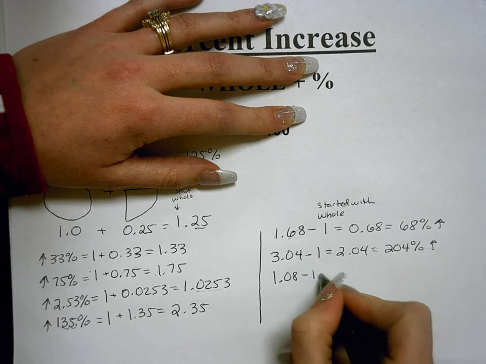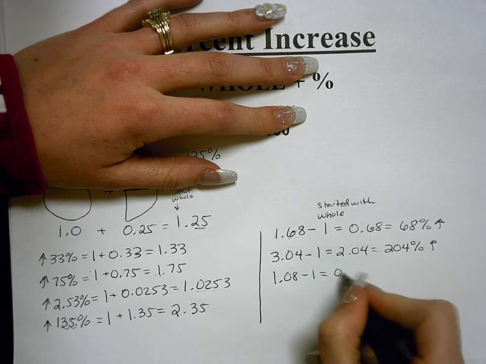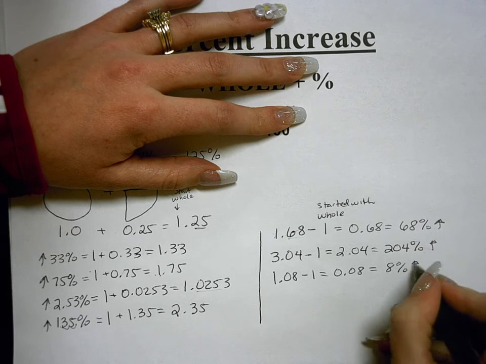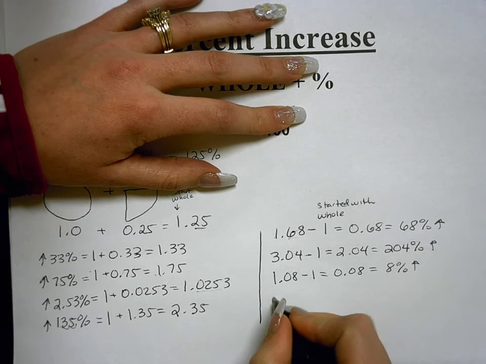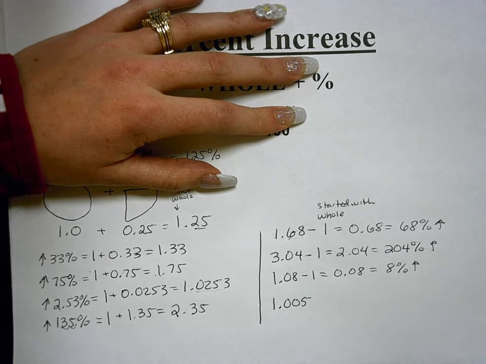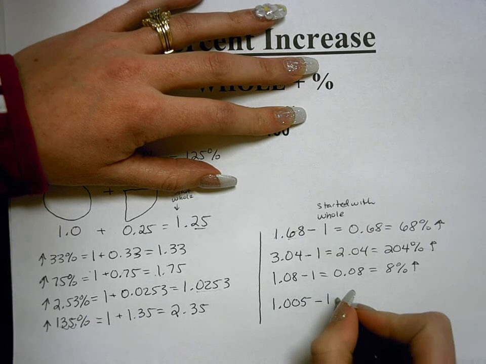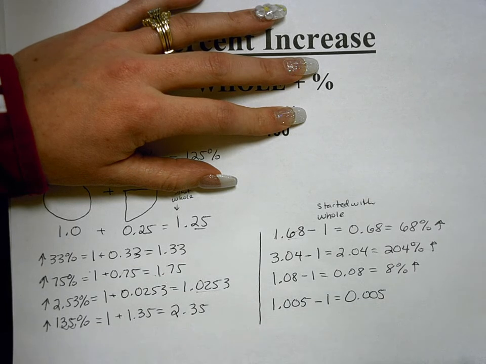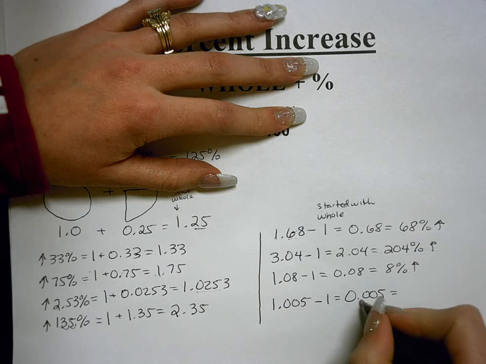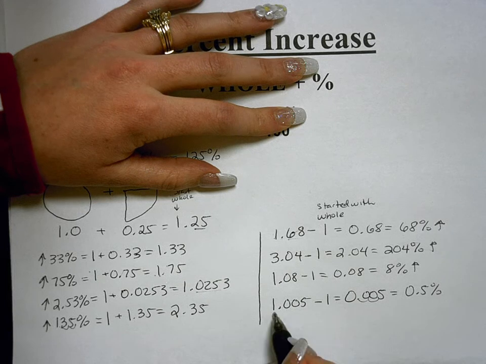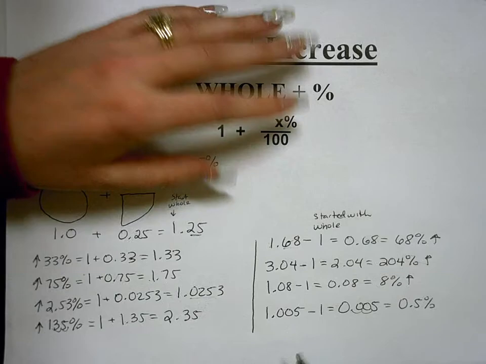Well, we take away the whole, and we're left with 0.08, which is an 8% increase. And lastly, if we look at 1.005, we do the same process, take away the whole, and we're left with 0.005 as a decimal. We turn that into a percentage. It is 0.5%. It's half of a percent. So this constitutes a half a percent increase.